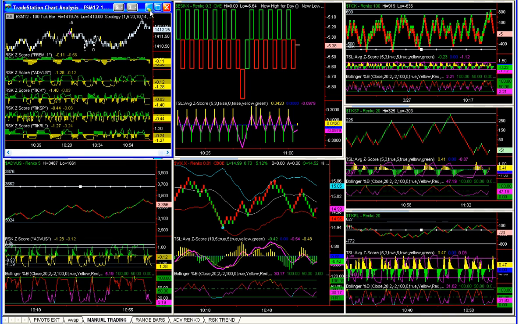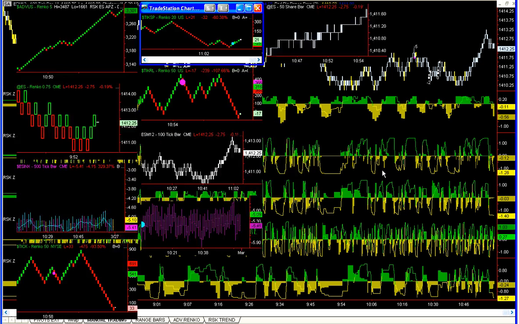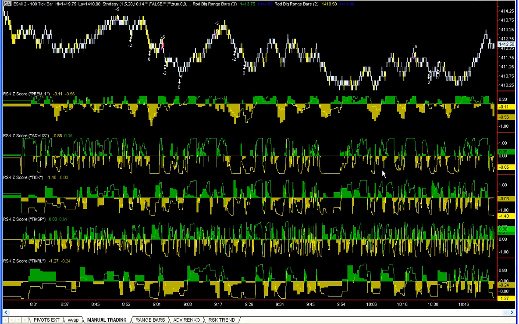Chart number 1 has multiple Z-score indicators on them. In order for those indicators to plot properly, you must have the Send Charts workspace open and running. Without that, the data will not be propagated.